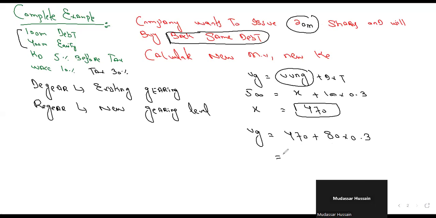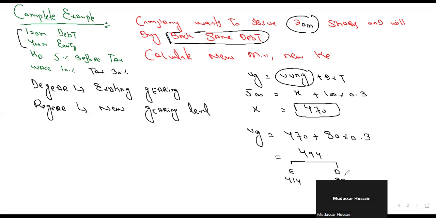Now the value of the geared company will be 494. But remember, out of 494, the debt and equity: the equity will be 414 and the debt will be 80.